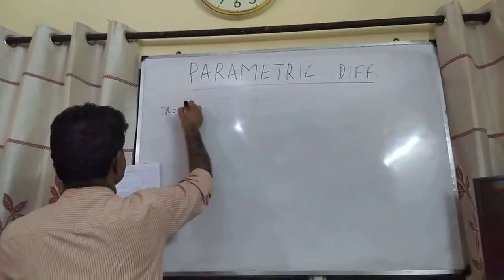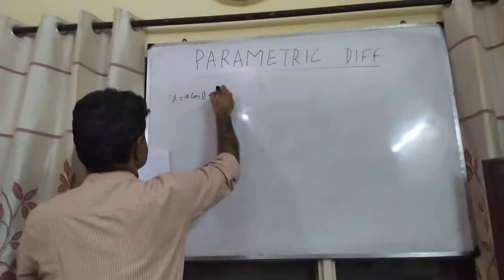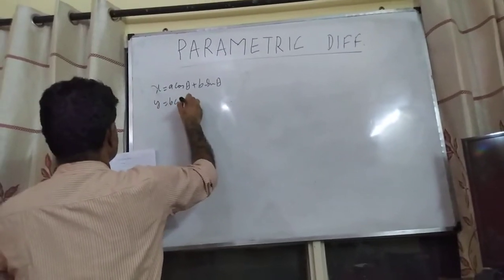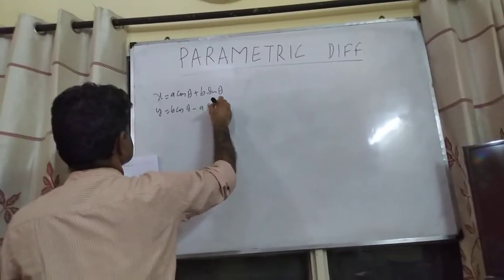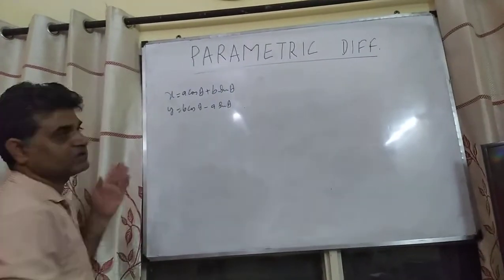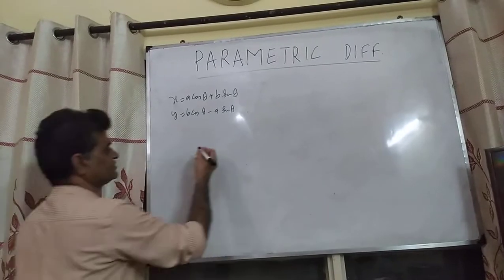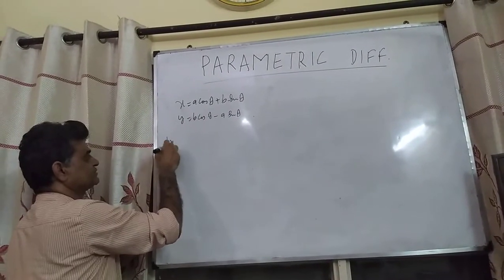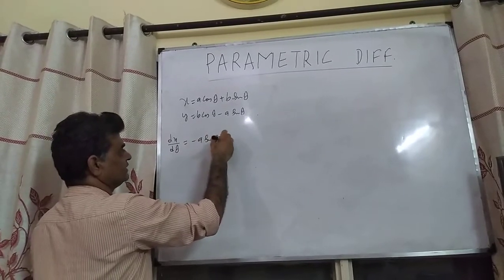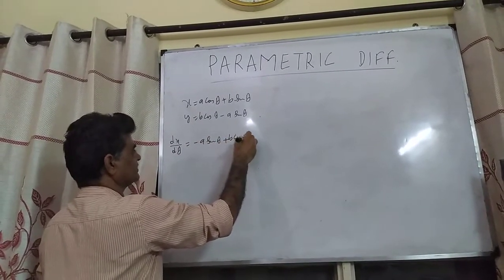Let x equal a cos theta plus b sin theta and y equal b cos theta minus a sin theta. So now we'll solve this kind of differentiation. We get dx by d theta, which is minus a sine theta plus b cos theta.